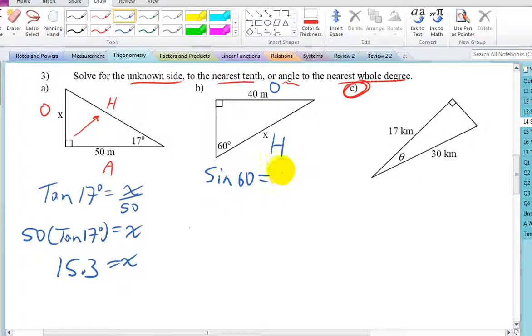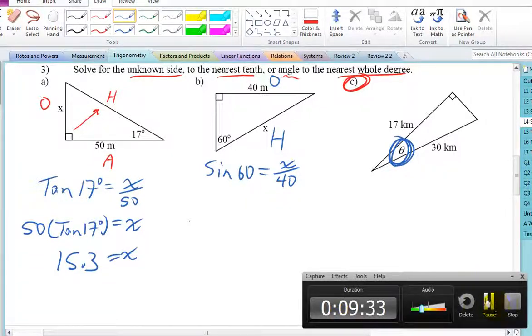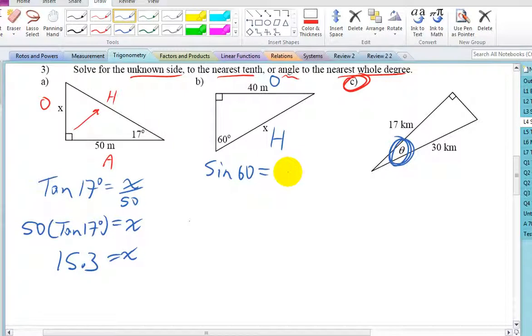Sine 60 equals x over 40. So please solve that one. Now if you're done that one, do C, but C is different because now we're finding angles, so it's going to be different work. All right, give you 30 seconds. 40 over x, opposite over hypotenuse.